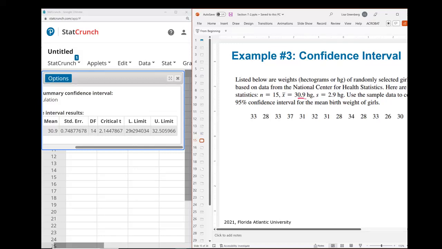So I'm going to say 29.3 is less than mu is less than 32.5. I'm 95% confident that my mu from the entire population is somewhere between 29.3 and 32.5. Okay, that's the weight.